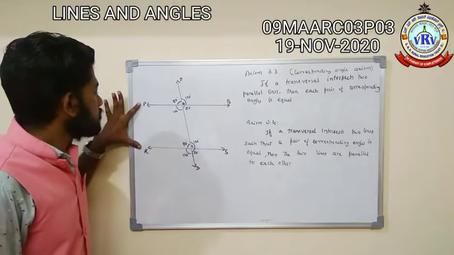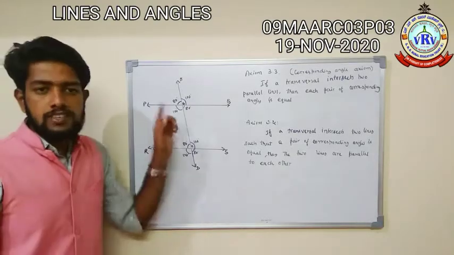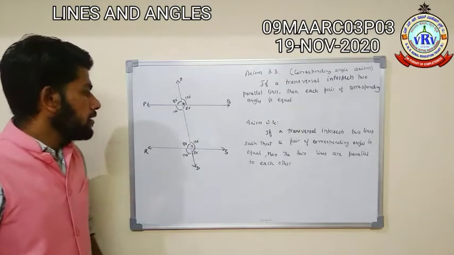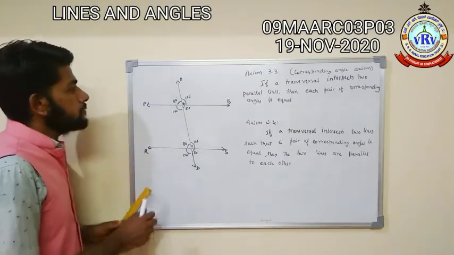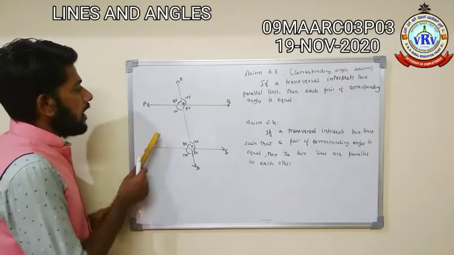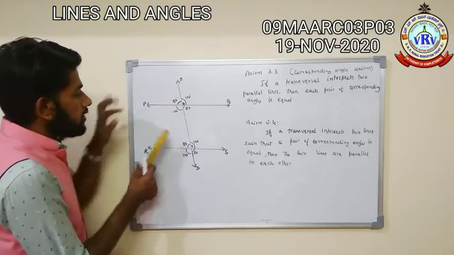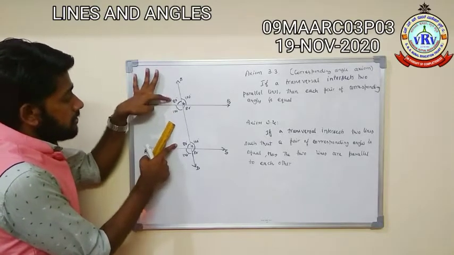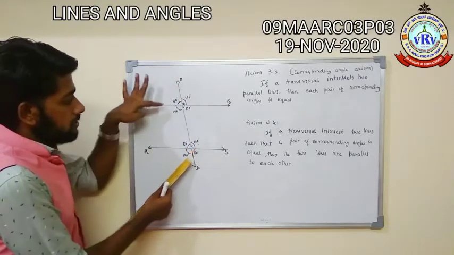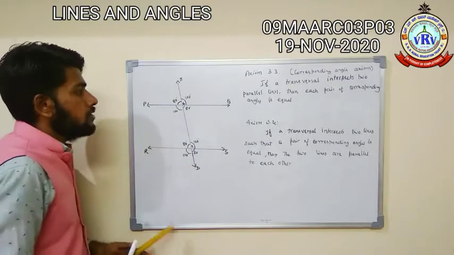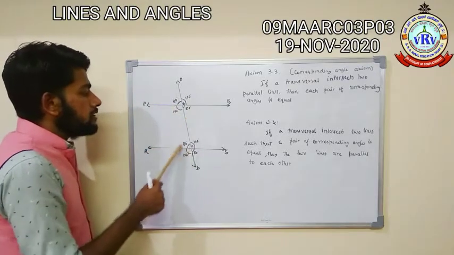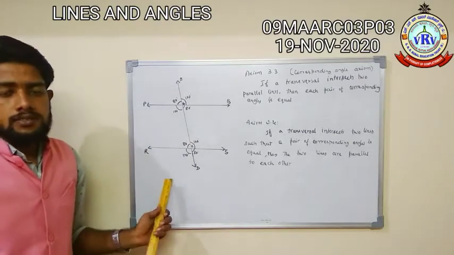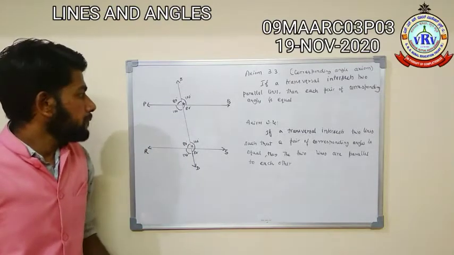Taking two parallel lines, one transversal passes through these two lines at points B and C. Now look here, the corresponding angles are the same. 80 is equal to 80, 100 is equal to 100. So in this figure, the corresponding angles are the same.